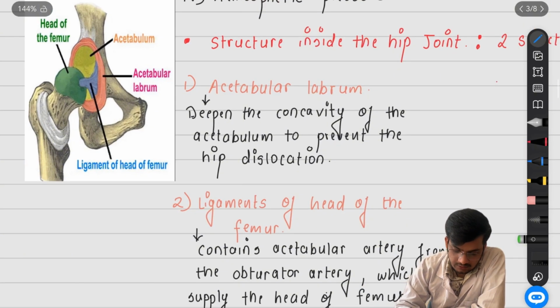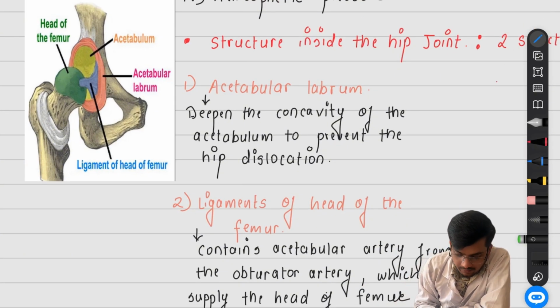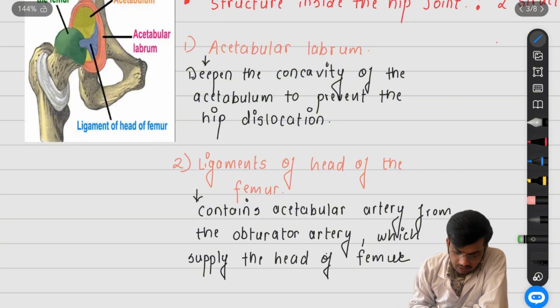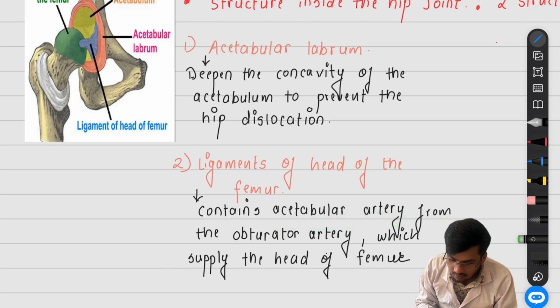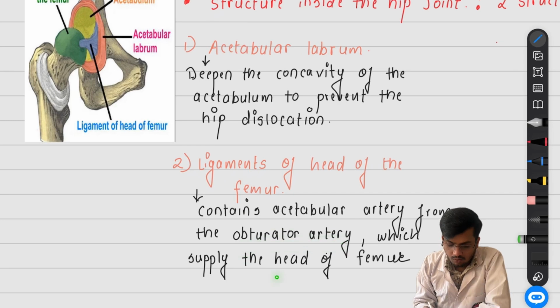The acetabular labrum deepens the concavity of the acetabulum to prevent hip dislocation. The ligament of the head of the femur contains the acetabular artery from the obturator artery, which supplies the head of the femur.